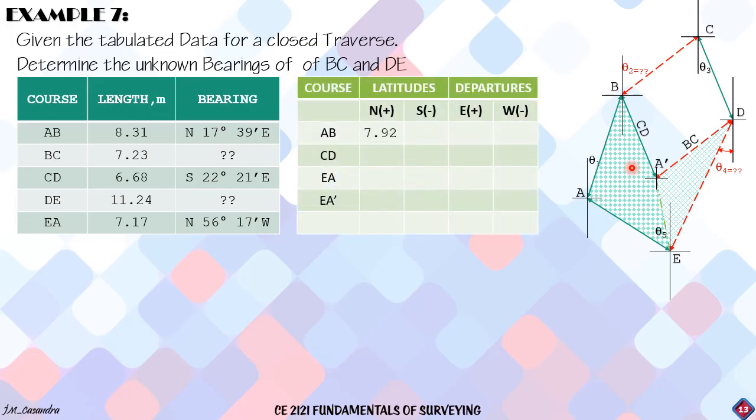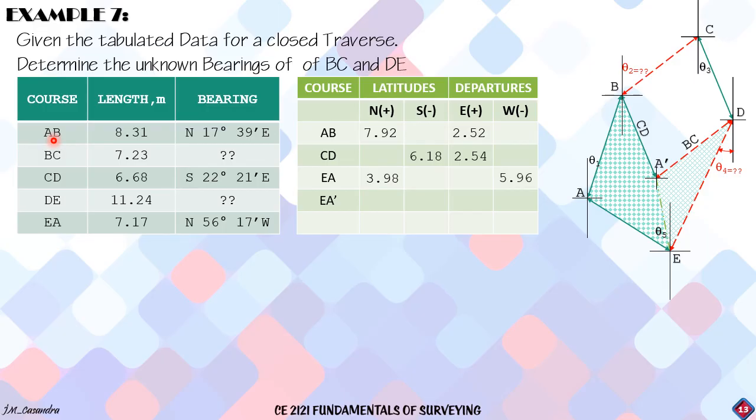So AB 7.92, CD is 6.18 negative, and EA is 3.98. For the departure of AB, we have 2.52, CD is positive 2.54, and EA is negative 5.96.